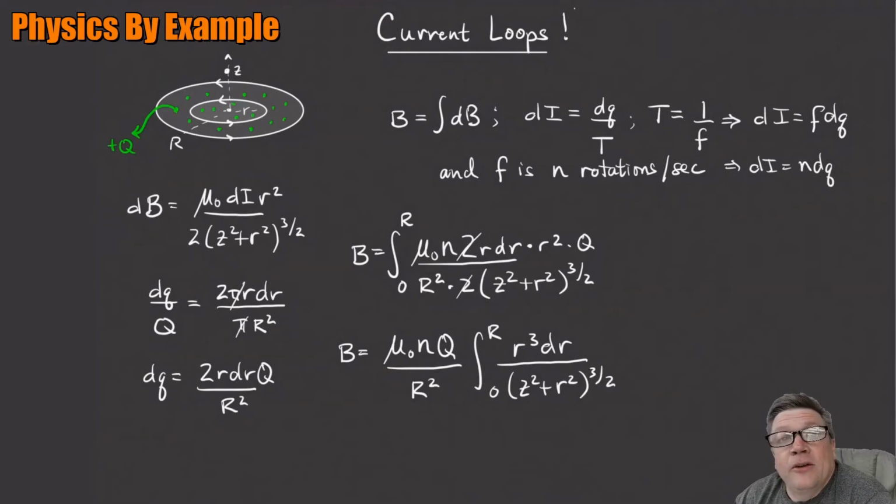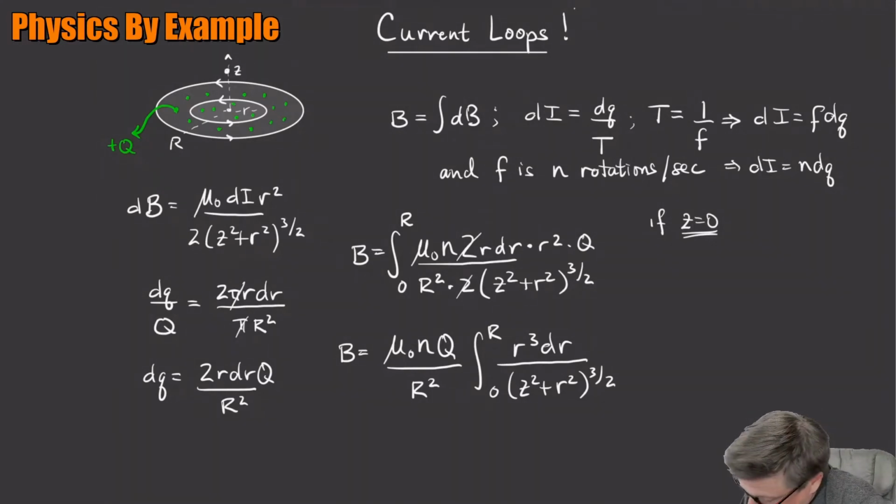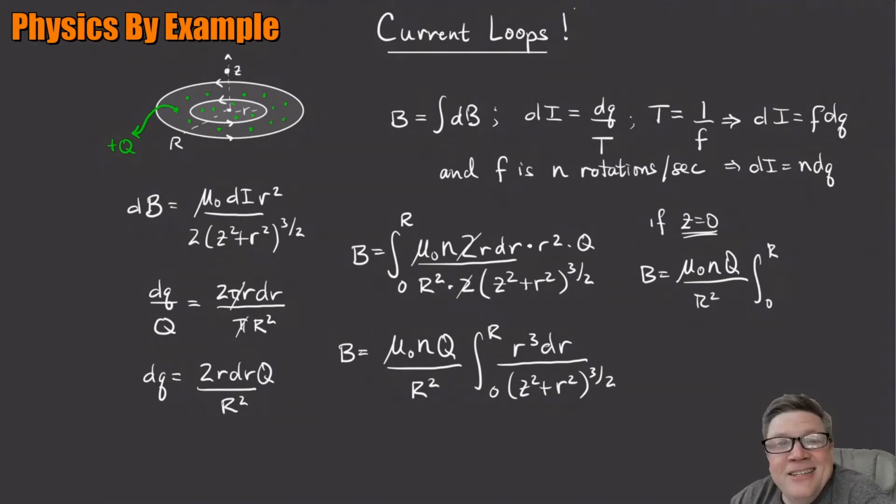Oh, one thing we can do, we can solve one problem right away. What if z is 0? What's the magnetic field there right at the center of the disk? Actually, that turns out to be really easy. If z is 0, then the magnetic field is mu naught n q over r squared, and this is going to be 0 to r. If z is 0, then on the bottom the z squared goes away, and I just have r cubed over r squared to the 3 halves.